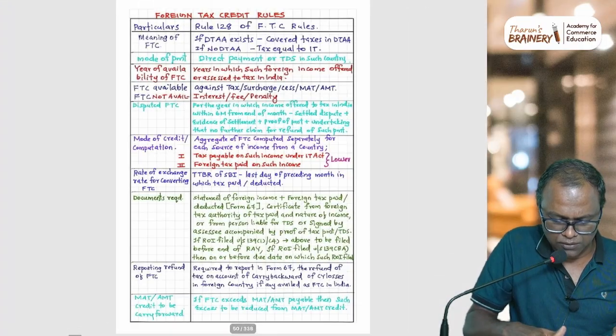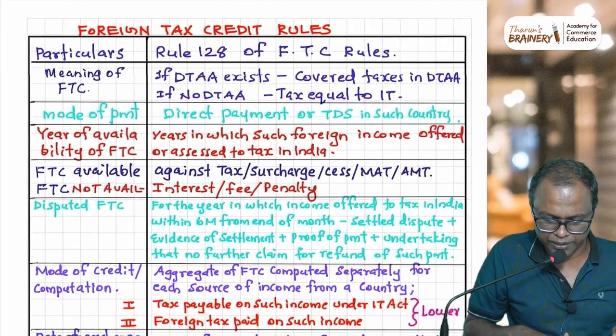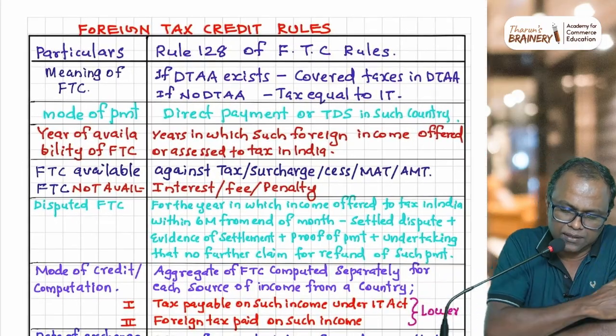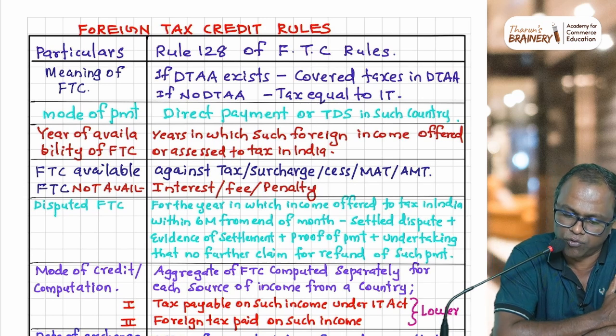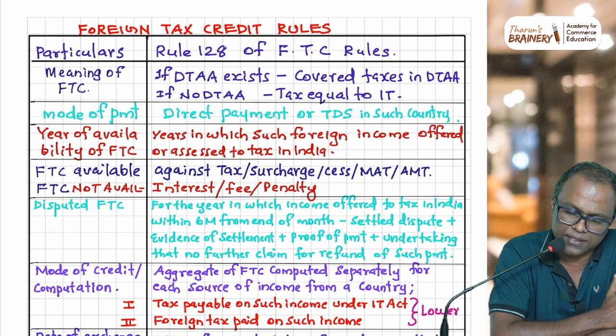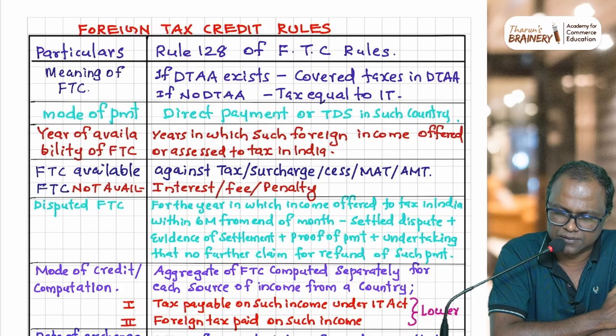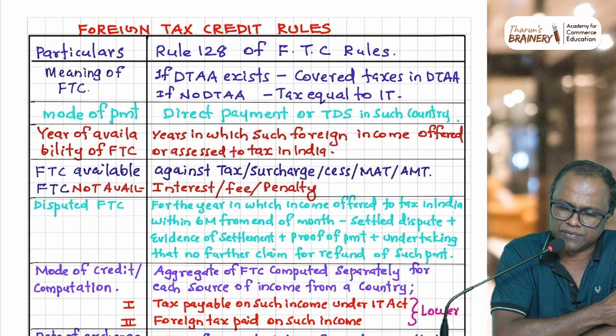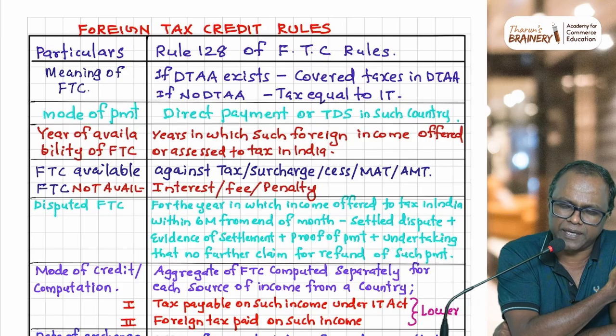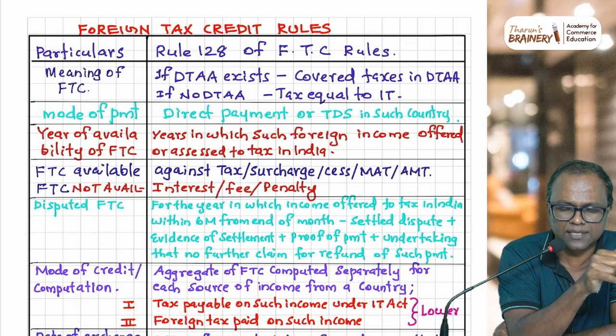And the foreign tax credit rule, Rule 128. To get the relief for tax paid in a foreign country, either under section 90 through the agreement, the foreign tax credit method, or through section 91 credit, in both cases, remember, the tax must be covered in the DTA agreement if there is a DTA agreement. If there is no DTA agreement, the tax paid in the foreign country should be equivalent to income tax in India.